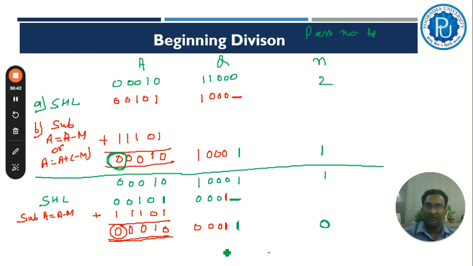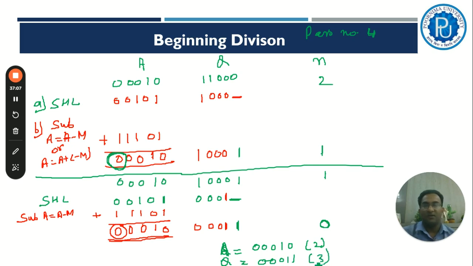Q is holding the value 0 0 0 1 1, which is 3, and sorry, this is the value of the A register, 0 0 0 1 0, which is 2.